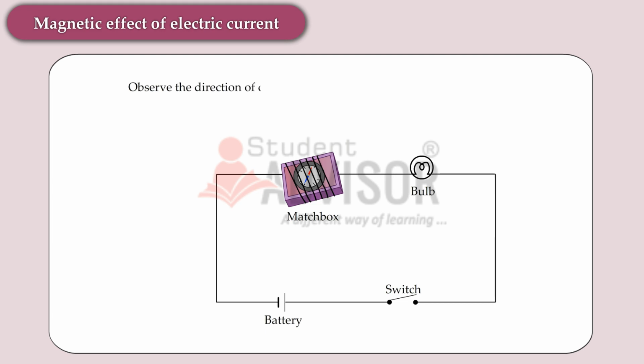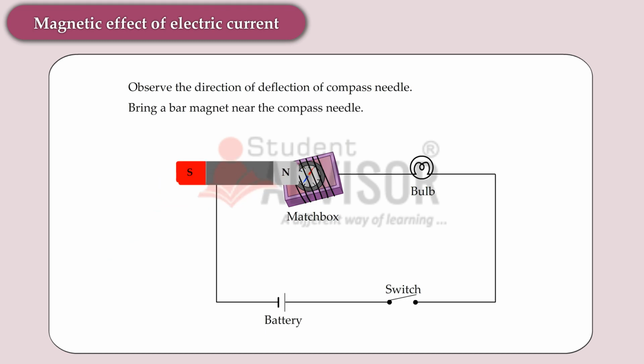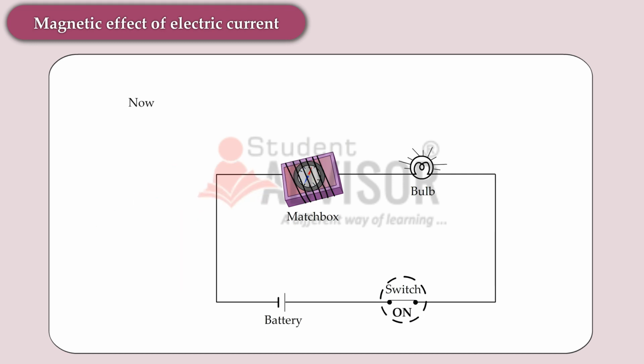Observe the direction of deflection of compass needle. Bring a bar magnet near the compass needle. Now switch on the circuit. Observe the deflection of compass needle. Now switch off the circuit. Observe the deflection of compass needle.